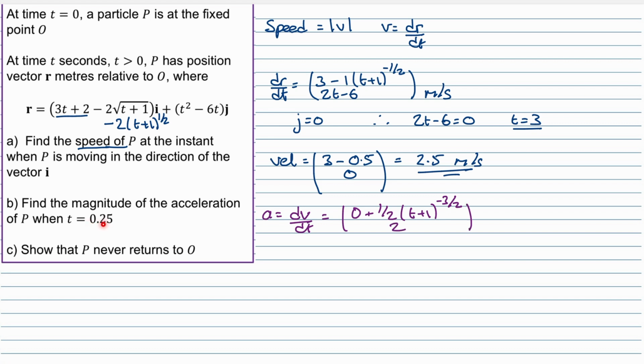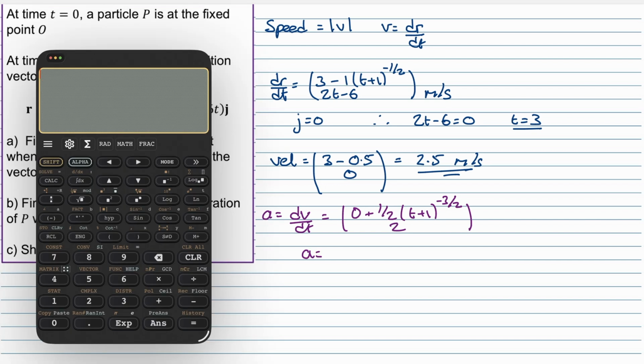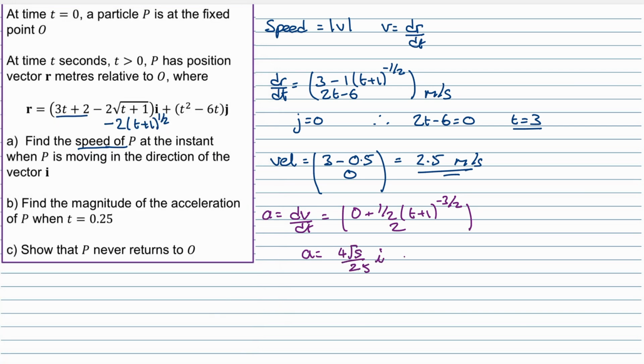So when t is 0.25, I can do all of this on my calculator. We'll have 0.5 times 1.25 to a power of negative 1.5. And this will be 4 root 5 over 25. This will be i, and we'll have 2j.